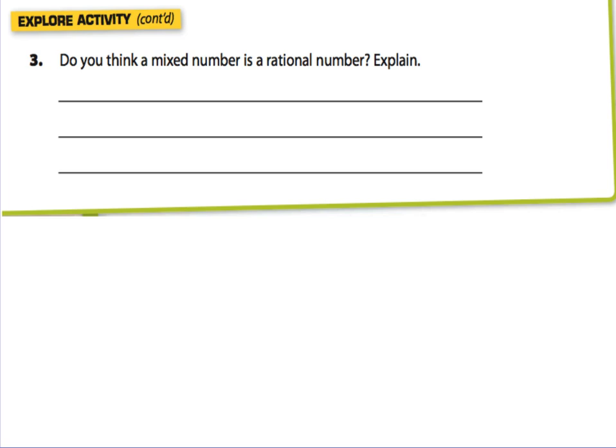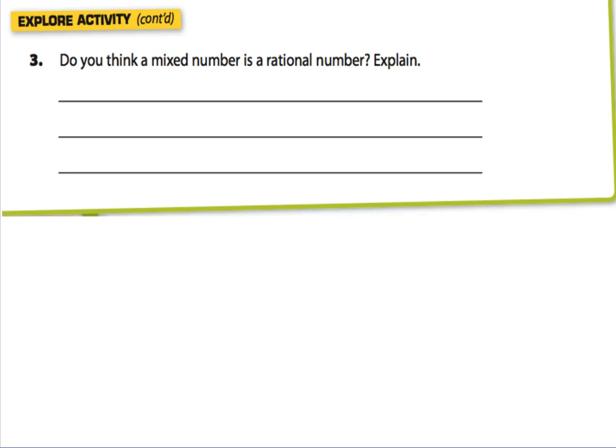Terminating means even if it's just a 1, it terminates at that 0, so it is a rational number. So here, do you think a mixed number is a rational number? Why or why not? Okay, so looking at this, a mixed number, well, we just had the mixed number of negative 8/5.